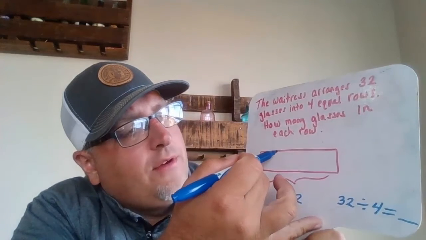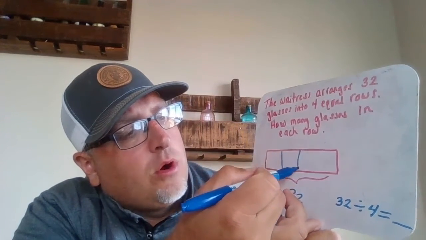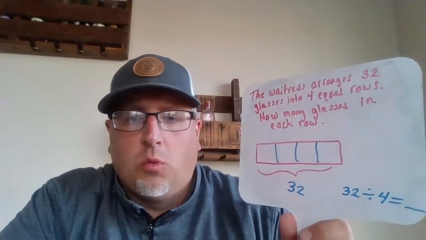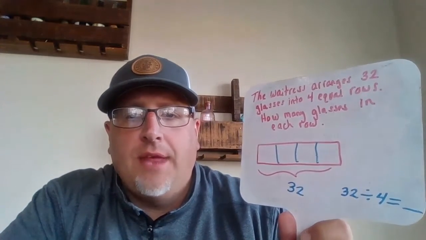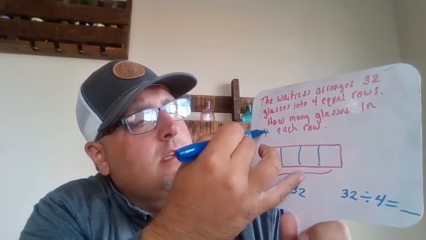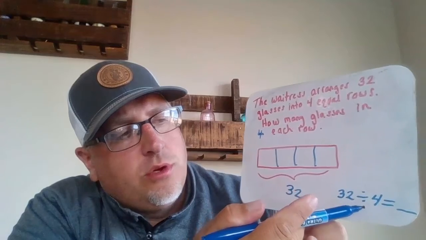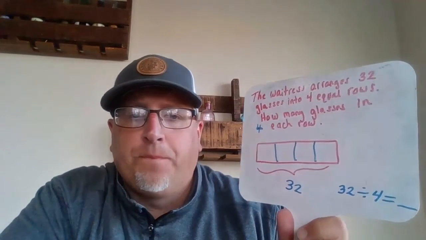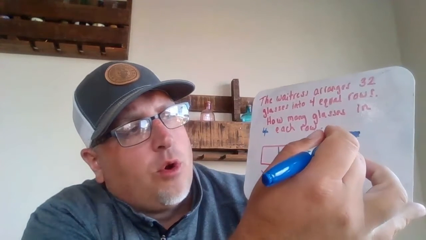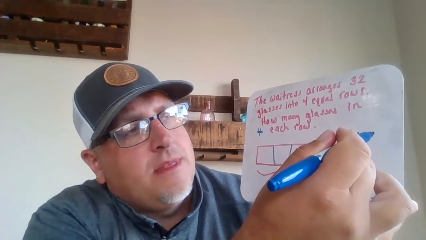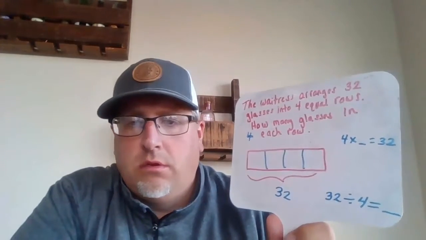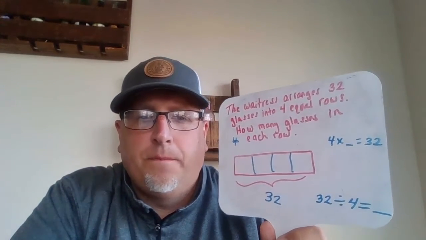We know we have 4 rows right here. What is going to work in that situation? There's 32 glasses. 32 divided by 4 equals what? We can also approach it this way, where we think of 4 rows times something equals 32.